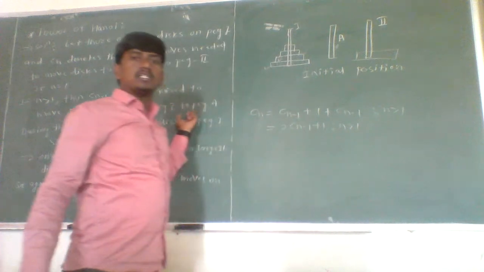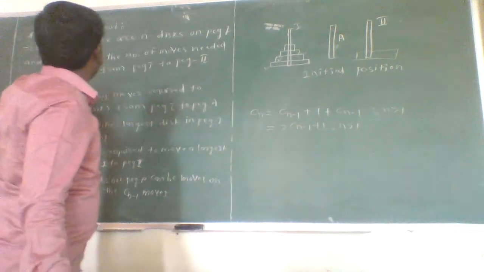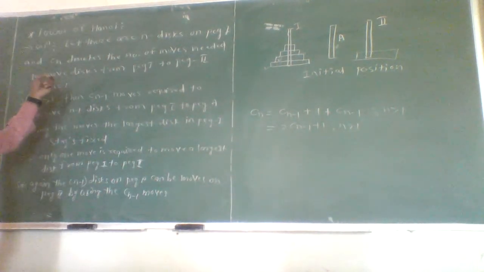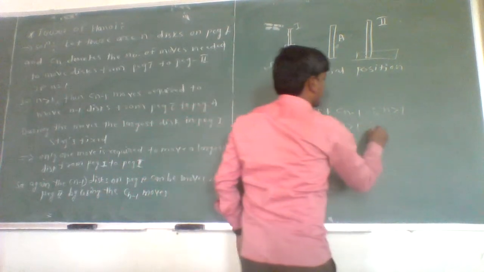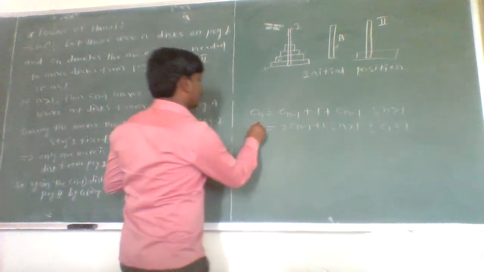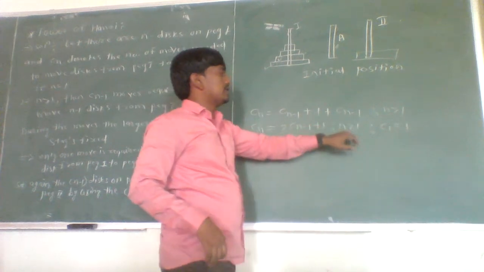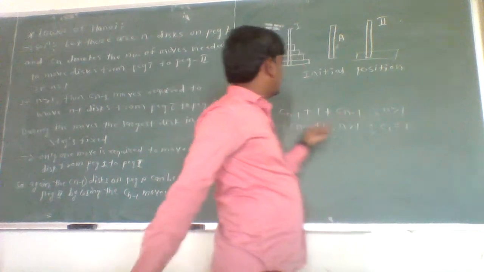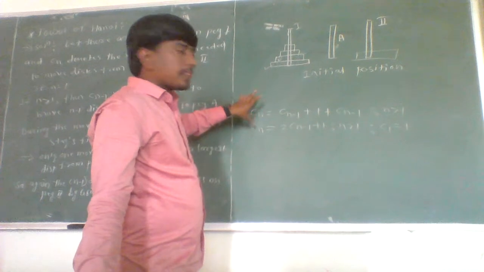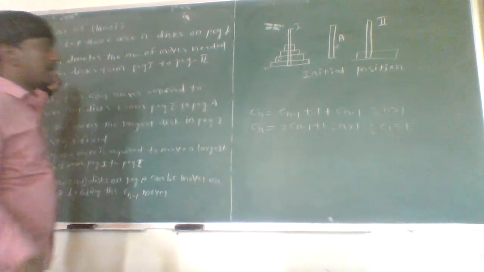The initial condition is that if n equals 1, there is only one move, that is C1 equals 1. Therefore Cn equals 2 times Cn minus 1 plus 1 where n is greater than 1, and C1 equals 1, is the required recurrence relation for the Tower of Hanoi.